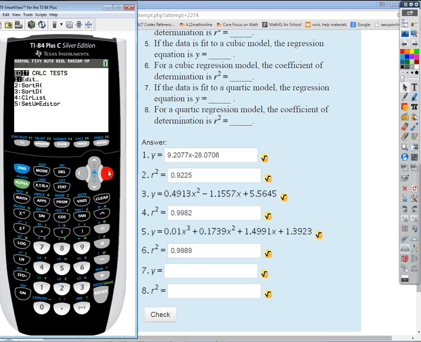So stat calc what? What number? 7. We're doing quartic, right? 4th degree polynomial fit. And do I even need to put the store regression equation in there, honestly? What's that good for? Yeah, just so I can see the graph, right? But in this case, maybe I don't even need to do that. We'll just skip down and do the calculate.